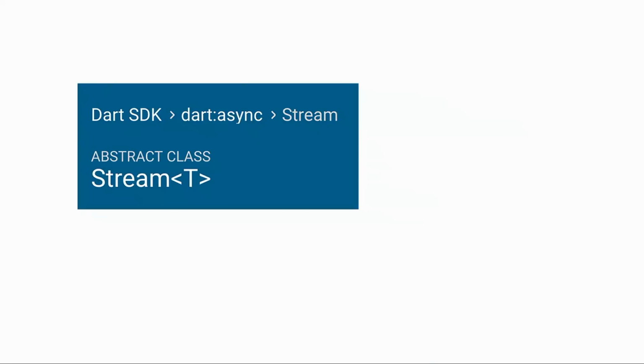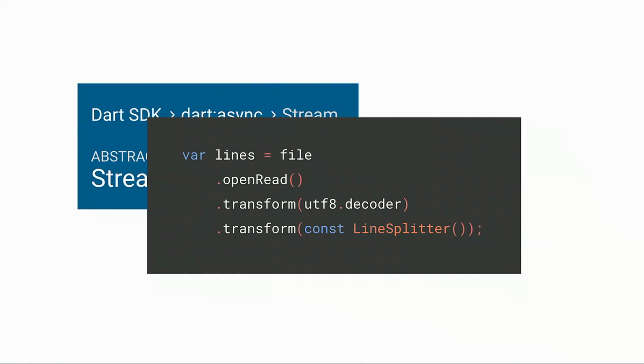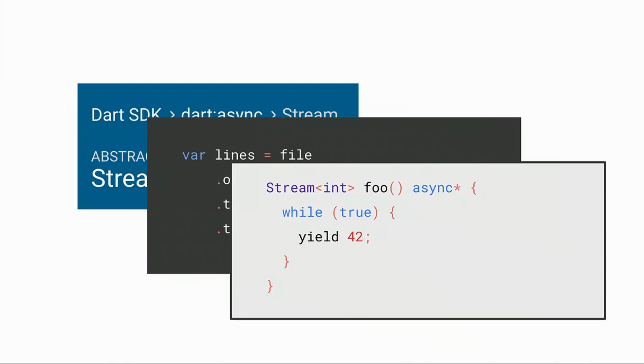The good news is Dart has really good support for streams. It has had that for a long time. Dart streams have all the usual bells and whistles that you would expect, like stream transforming, mapping, folding, and so on. And Dart even has language-level support for streams, like asynchronous generators, the yield keyword, or await for.